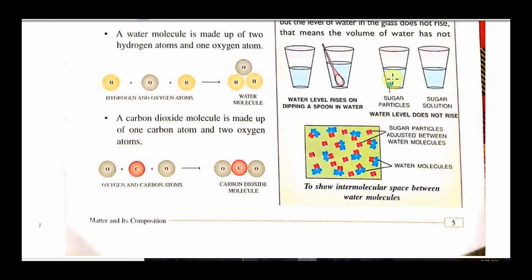Because there were gaps in the water molecules and sugar particles perfectly fit into those particular gaps. Students, we will try to get some points, but remember that if a matter is present there and if there is a bigger gap, then a smaller particle can fit into that particular gap.